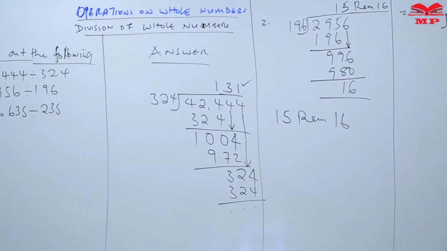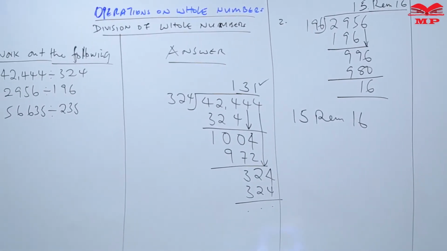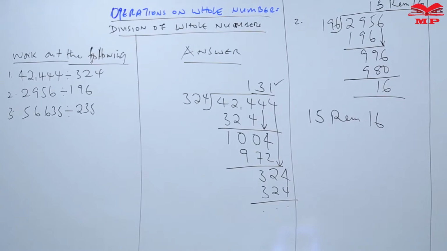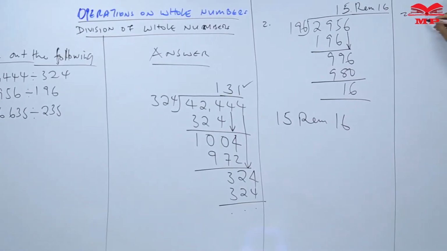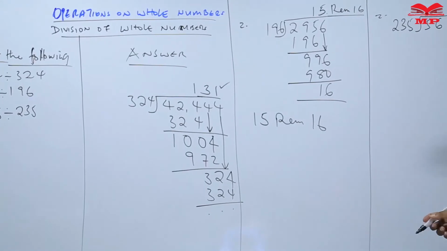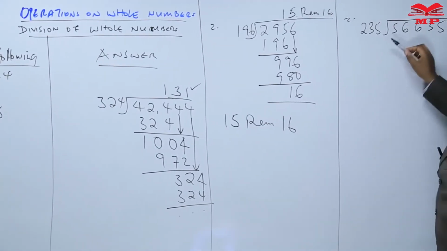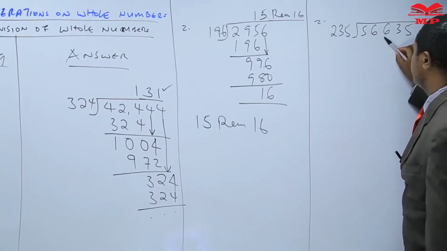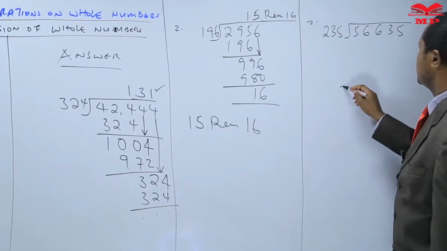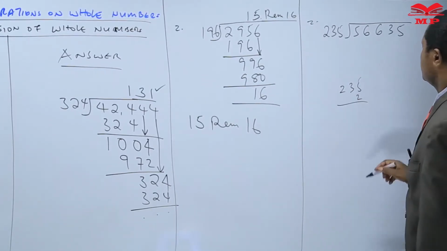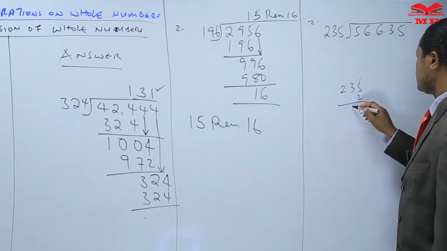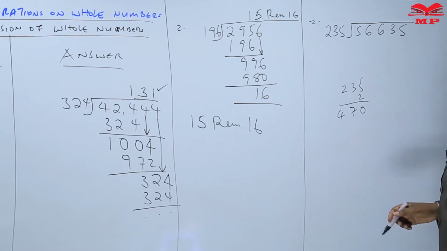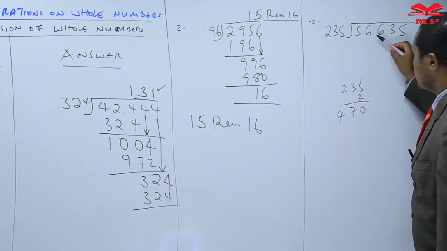Let's do number 3. We divide 56,635 by 235. So we take the first 3 digits. How many times does 235 go into 566? Is it 2 times? Let's try 2. It has to be 566 or close to.